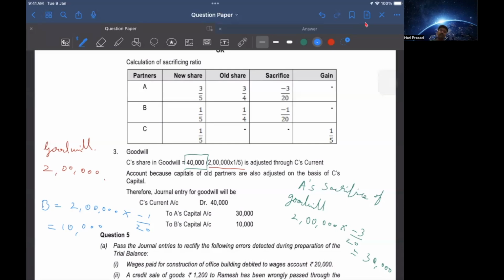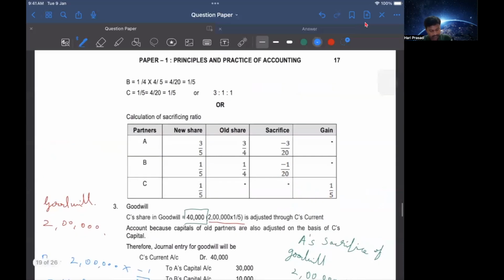We have found that A is sacrificing goodwill, B is sacrificing goodwill, and C is gaining goodwill. The journal entry for the goodwill is: gaining partner's account debit, to sacrificing partners' accounts credited with the respective amounts.